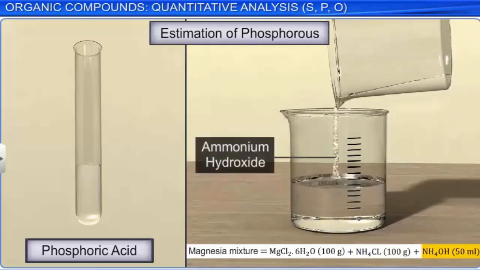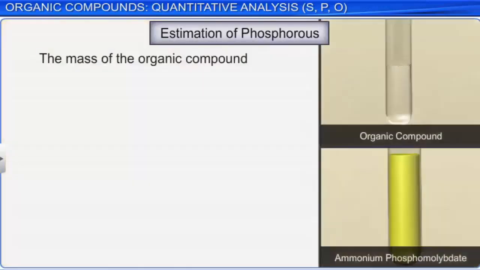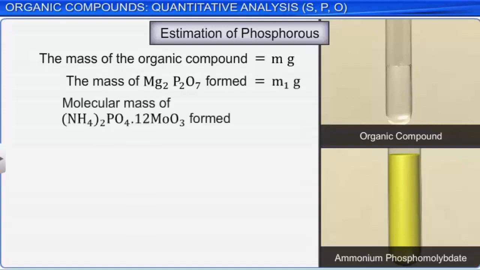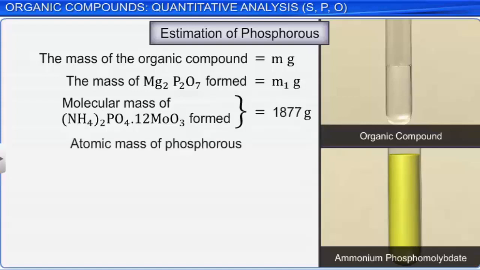Let the mass of the organic compound taken be m grams, and the mass of ammonium phosphomolybdate be m1 grams. The molecular mass of ammonium phosphomolybdate is 1877 grams. Atomic mass of phosphorus is equal to 31 grams.